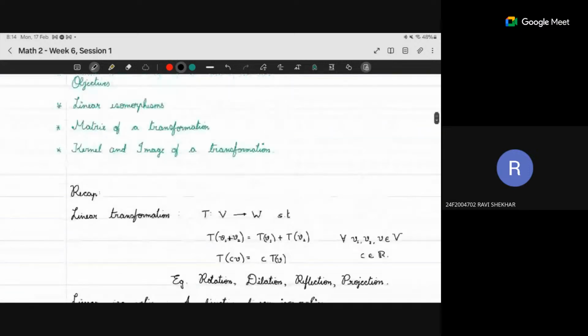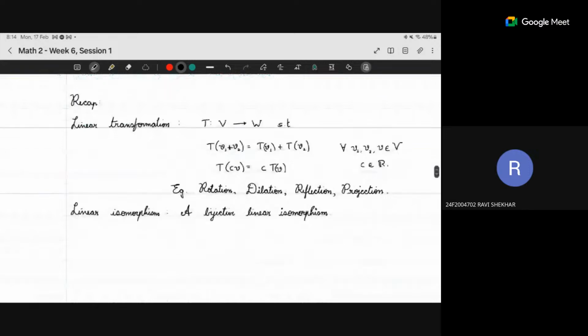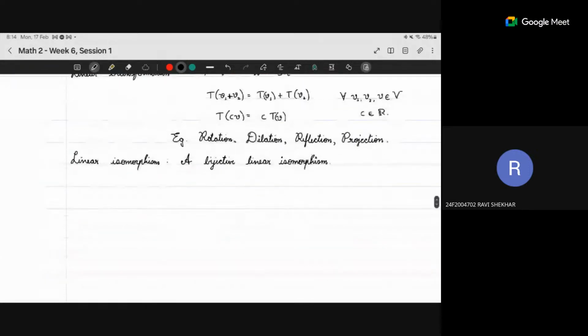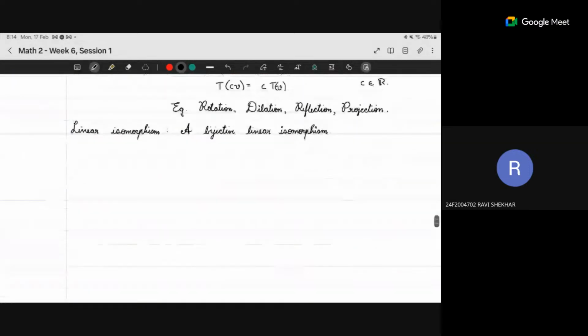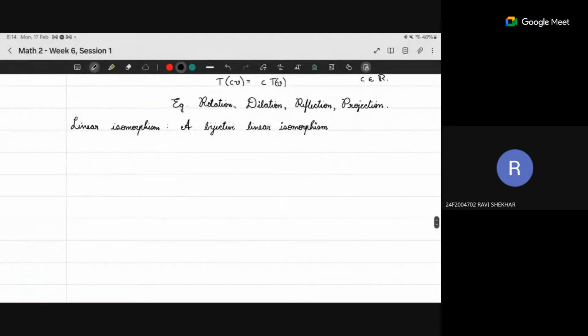So let's get into the content of week 6, wherein we talk about linear isomorphism between any vector space and Rn.